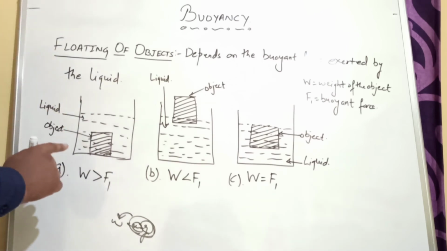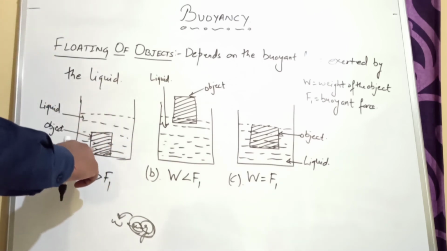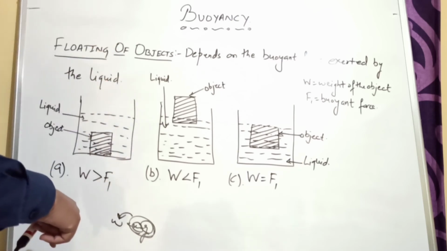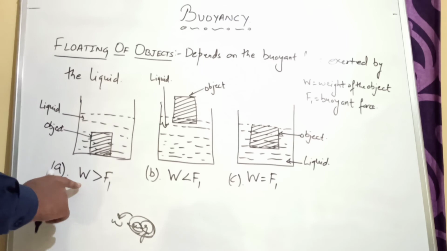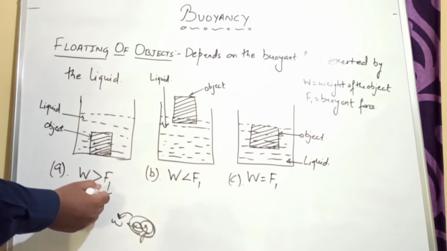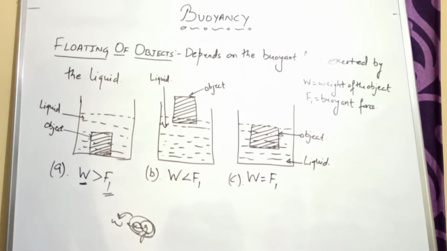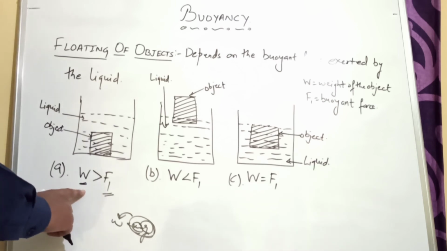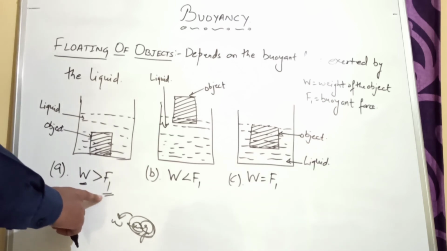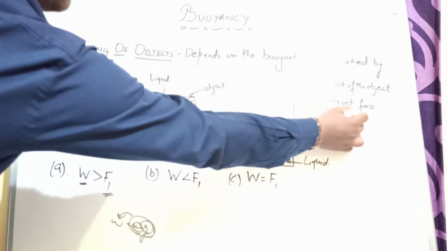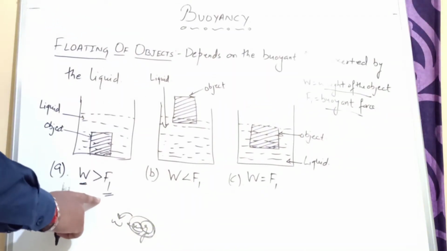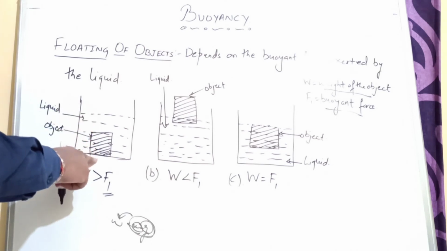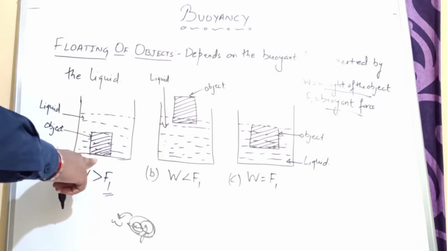In the first condition the object is completely immersed inside the liquid. Why? Because here the weight of the object is greater than the buoyant force. Whenever W, the weight of the object, is greater than F1, the buoyant force, the object will completely come to the bottom of the container.